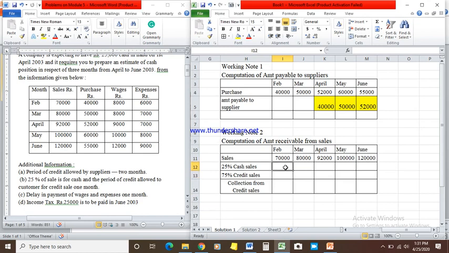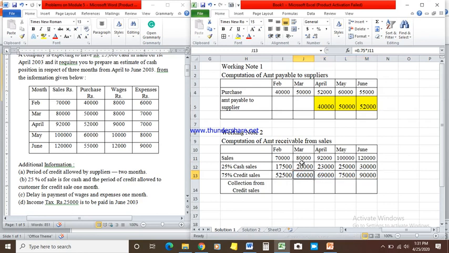So first I'll mention here how much is cash and how much is credit. 0.25 is 25% of 70,000. This is my cash sales. The balance, that is 75%, is the credit sales. So accordingly, since I use a formula, I just keep calculating for all the months.